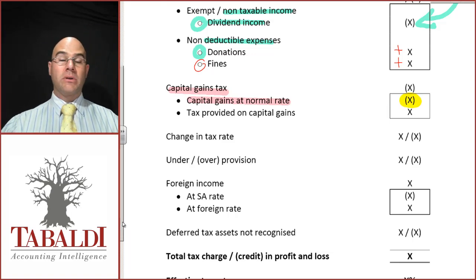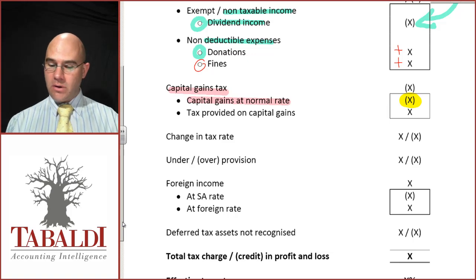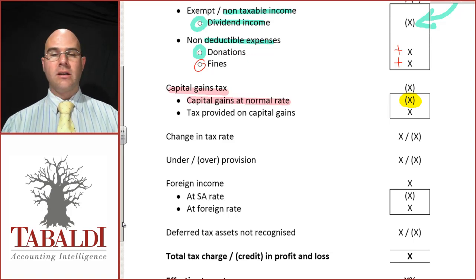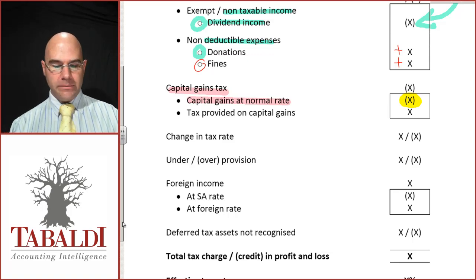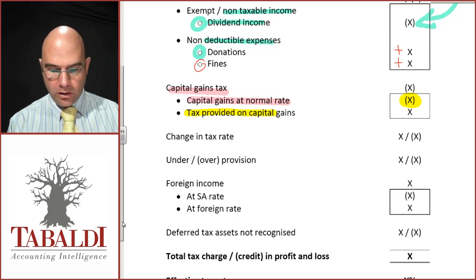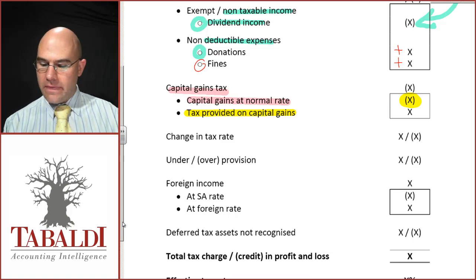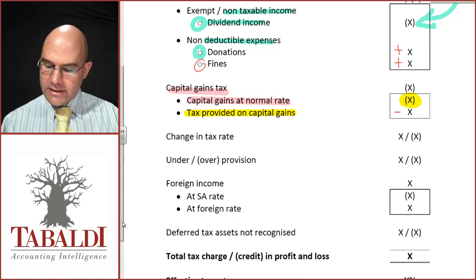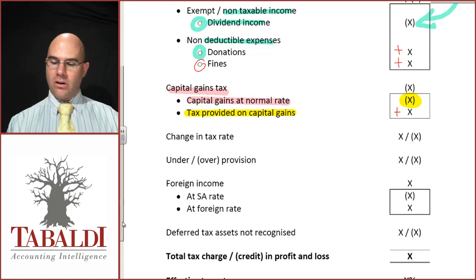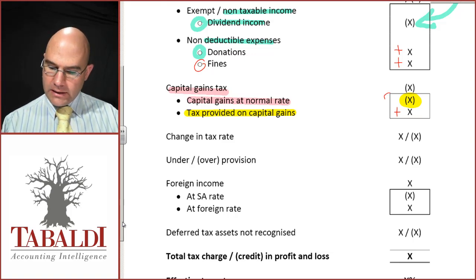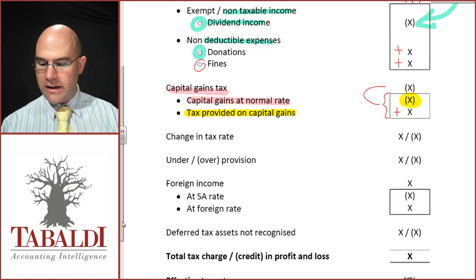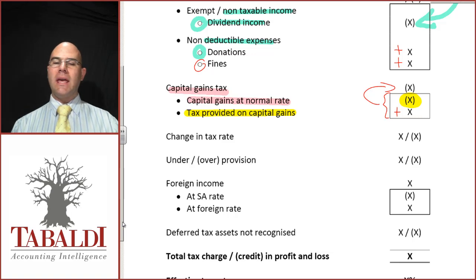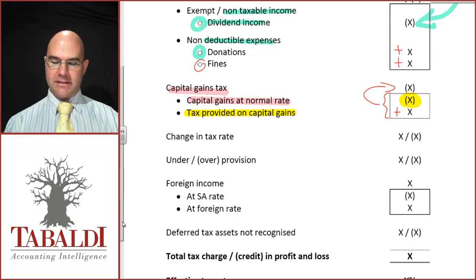So total taxable capital gains times by the normal tax rates, reverse it out, and then per your CGT calcs, etc., there will be tax provided on capital gains. That is what you will then take into account. So all I'm really after is the net between tax at normal rates on capital gains versus the actual tax provided. Generally that will be a decrease in the income tax expense.